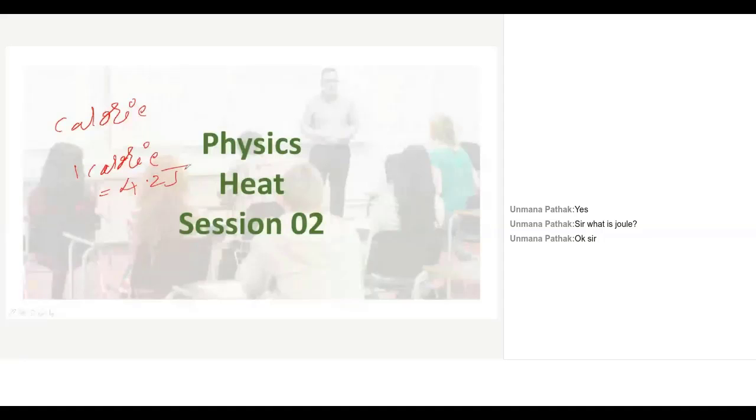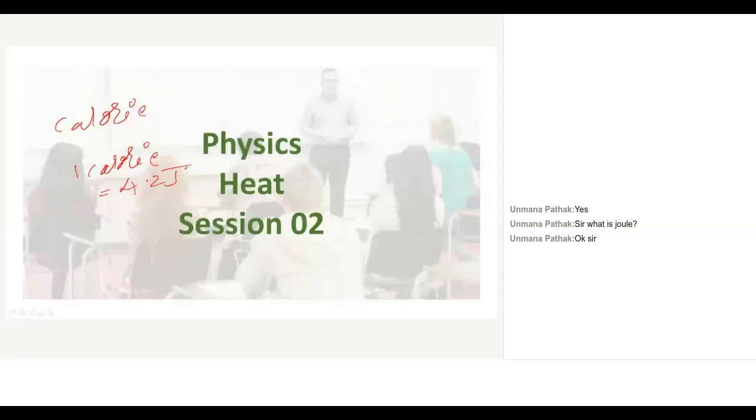Okay. So temperature is nothing but the degree of hotness or coldness of an object. Suppose two objects are there. In one object heat energy is more and in another object heat energy is less. Then which one will have more temperature?